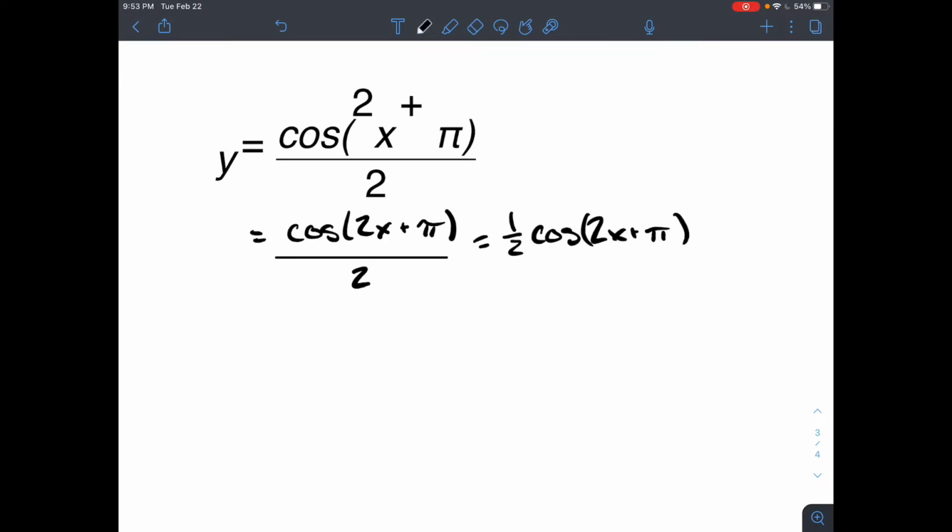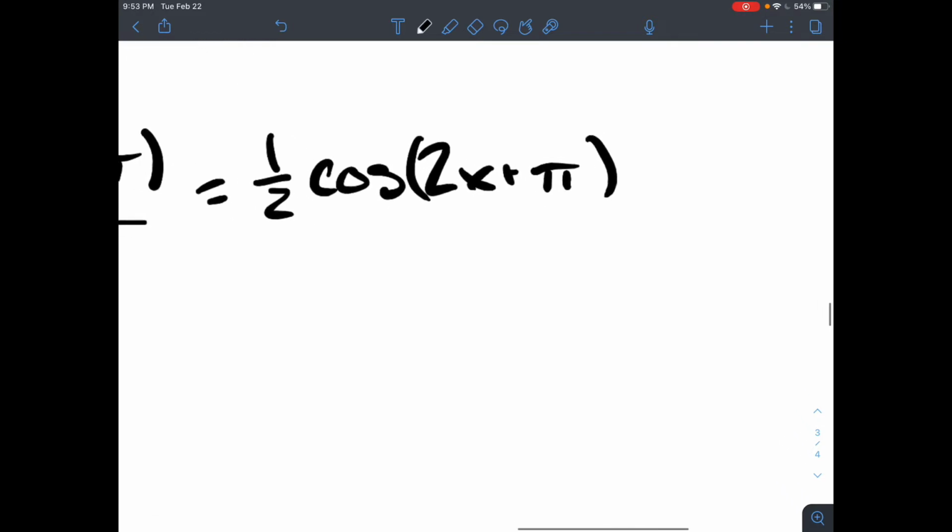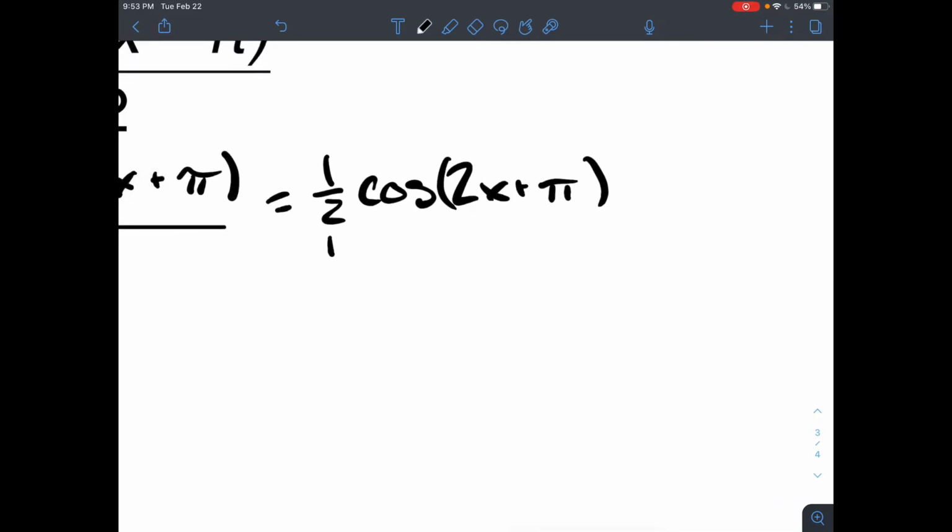So now to find my period, or my phase shift, I'm going to factor to get into that a cosine b parentheses x plus c parentheses plus d form. So we have 2 parentheses x plus pi over 2, and then there's no d in this problem.